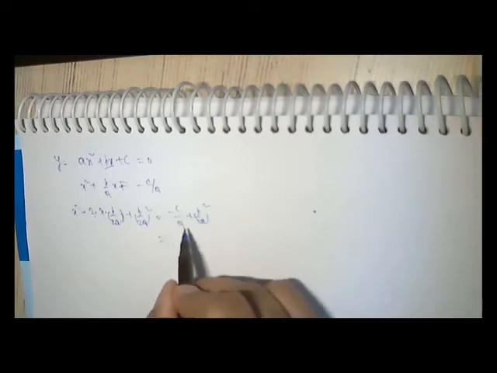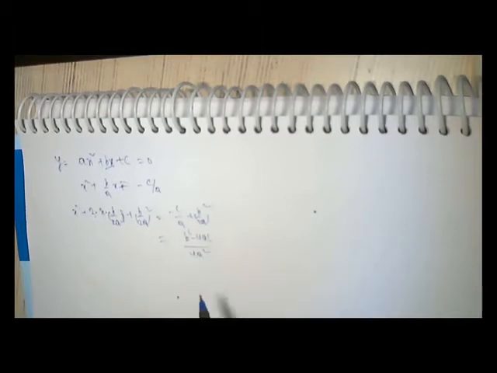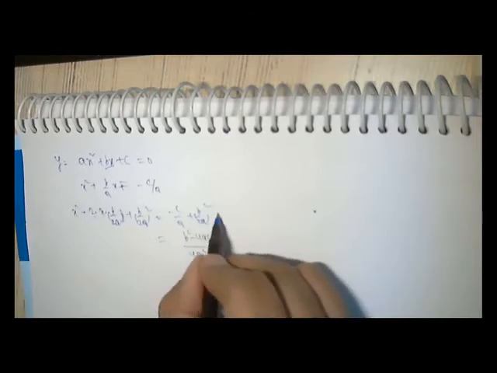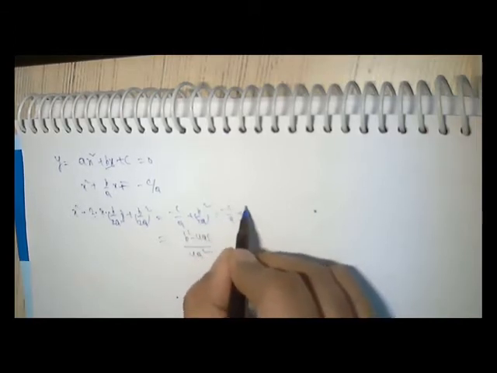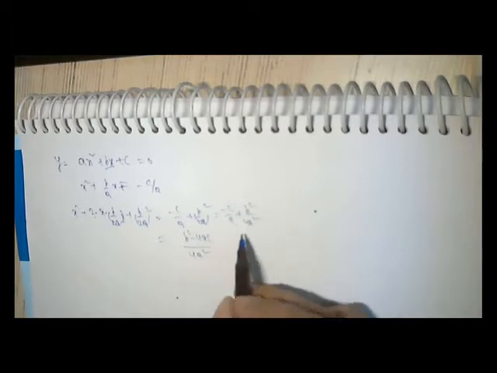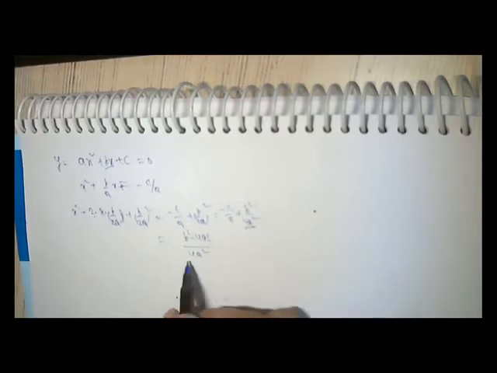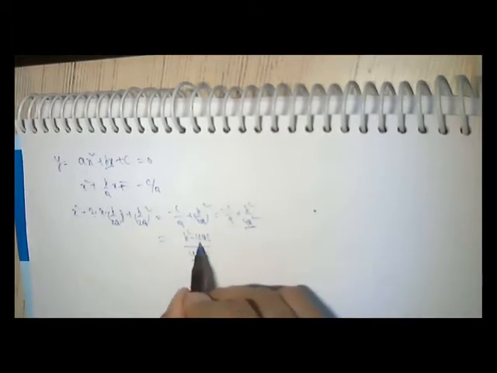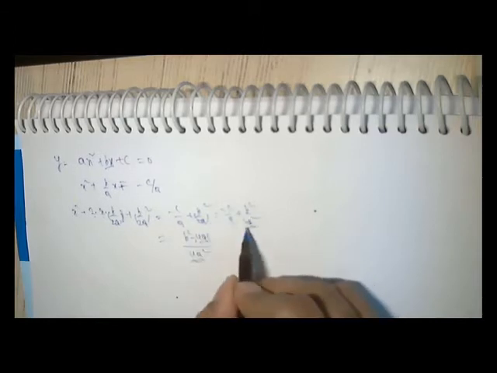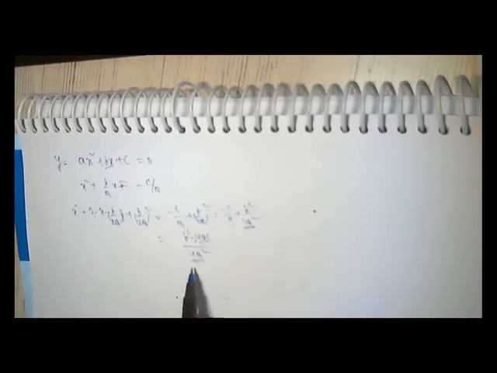If I simplify this, it is b square minus 4ac by 4a square, because minus c by a plus b square by 4a square, taking 4a square as LCM, is 4a into c, 4ac, minus b square, so b square minus 4ac by 4a square.